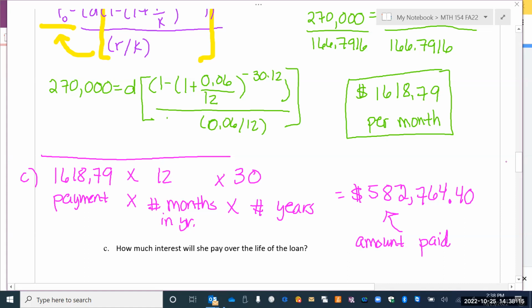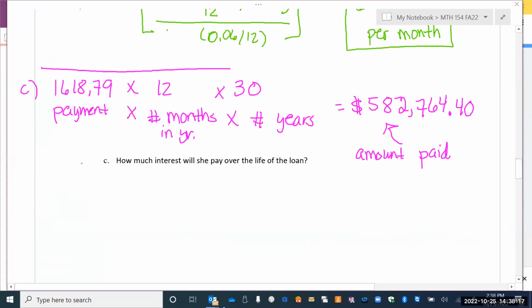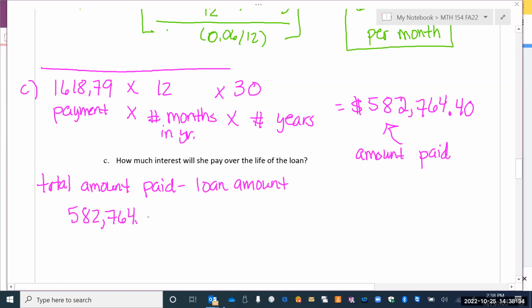I did that piece there, so now we can do interest. It's the total amount paid minus the loan amount. So she paid $582,764.40, and she borrowed $270,000.